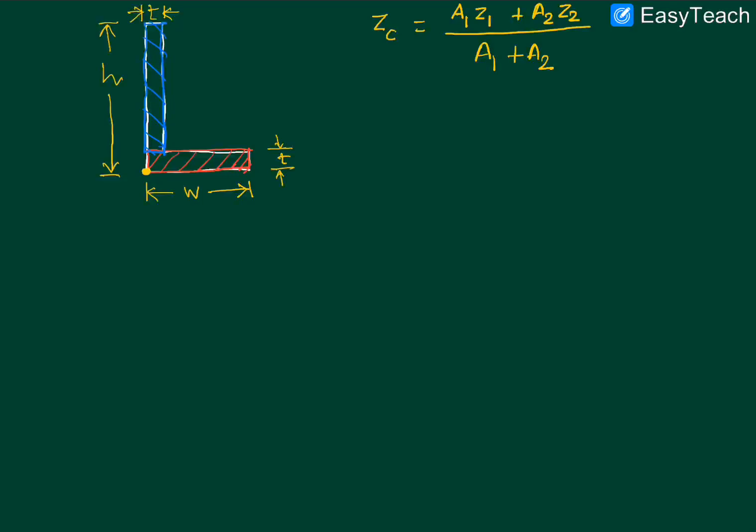So let us remind ourselves again that when we are writing these values of Z1 and Z2, we are basically referring to this starting origin here. And you can note that we are thinking of the z-axis to be like this and the y-axis to be like this.